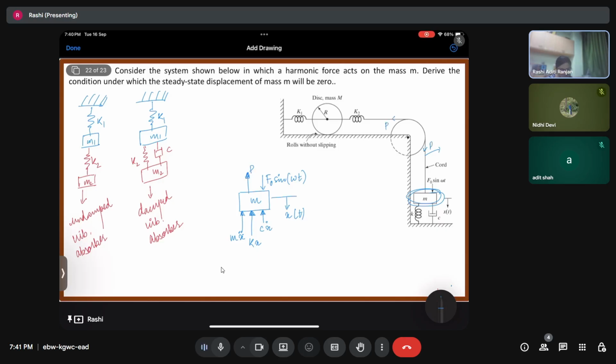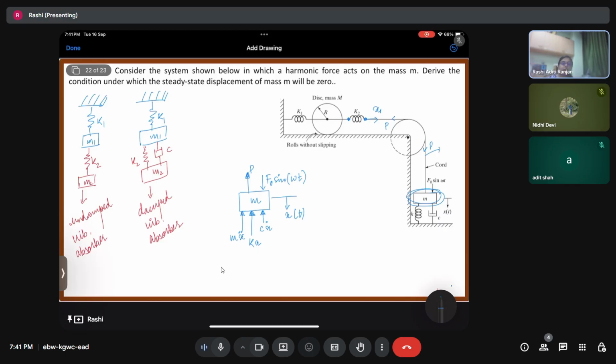See, if I'm considering this as x1 and the chord is considered inextensible, then this point is going to have a deformation of x1. I hope this is clear. This point is going to have a deformation of x1, while how much is this point going to deform?